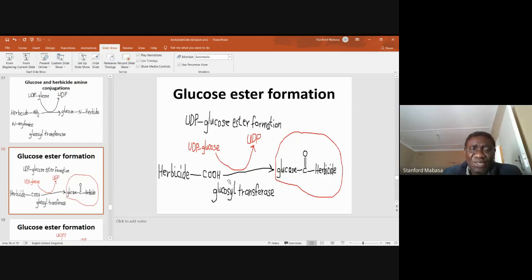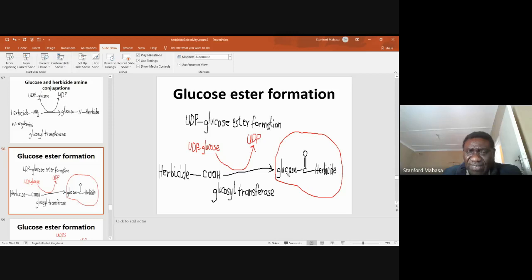Then we have a situation where we have this product, herbicide, the COOH, a product of cytochrome P450 in phase 1. UDP glucose adds glucose here, and it's now UDP.